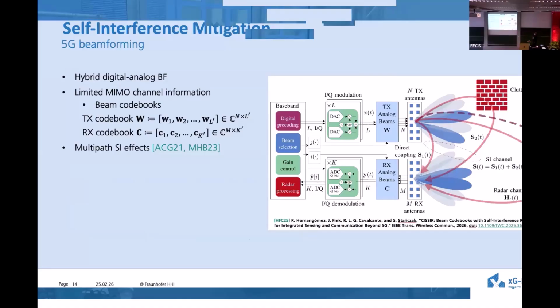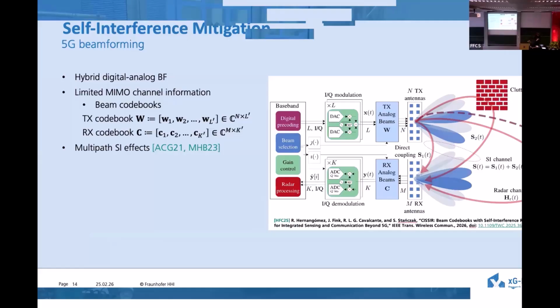First of all, if you have hybrid digital-analog beamforming, you don't have the full channel state information, and you have to cope with codebooks. And then you also have multipath self-interference effects. It means that there is not only the direct path from the transmitter to the receiver, but also multipath components due to other objects, so the SI channel is a multipath channel.